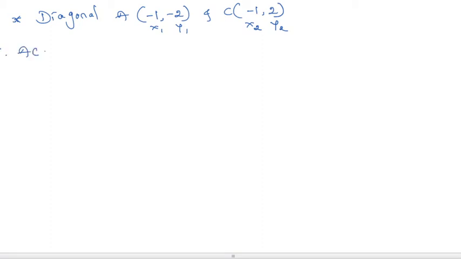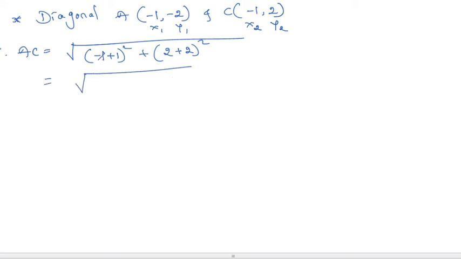Therefore, the distance between the two points AC is equal to square root of (x2 minus x1) whole square plus (y2 minus y1) whole square, which is equal to square root of (plus 1 minus 1) cancels here, then it is 0, 2 plus 2 means 4, 4 square. The root cancels with the square, and we will get 4 units.